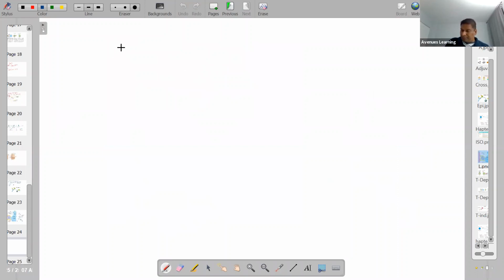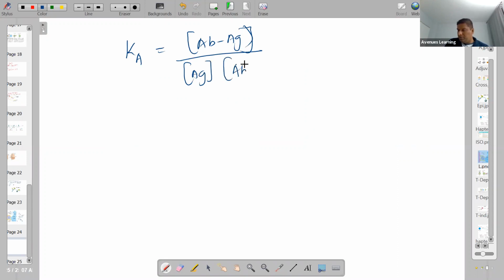Now, they are reversible, and you have this equation. This is the concentration of the antigen antibody complex divided by the concentrations of the individual antibody and antigen.